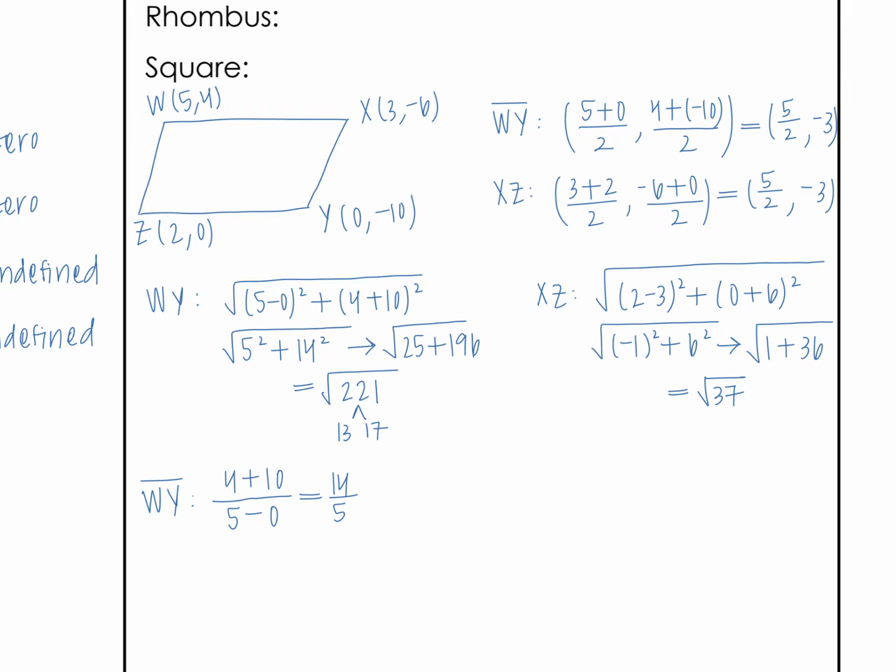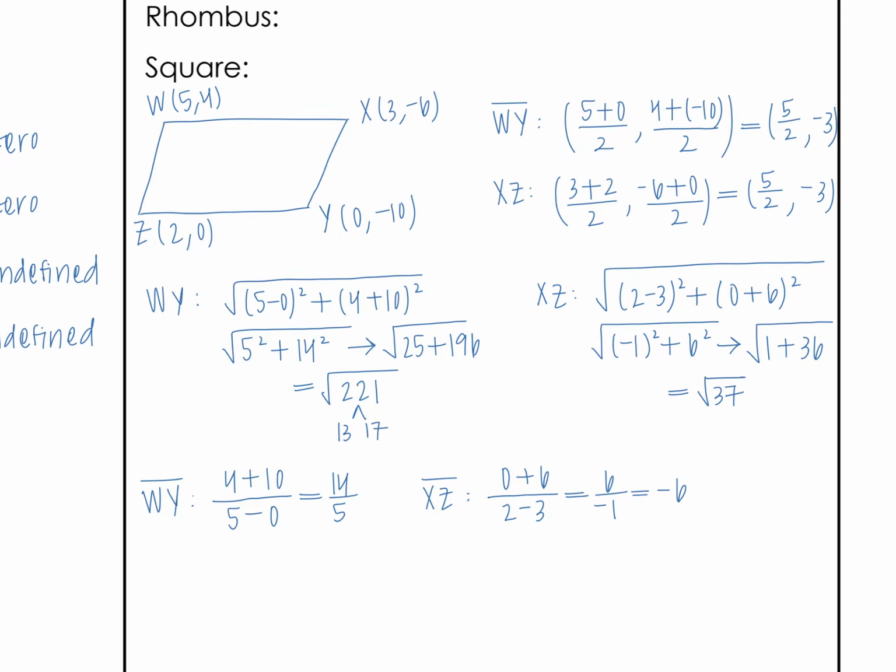And then we've got XZ, we can do 0 minus negative 6 gives me 0 plus 6, and then we have that 2 minus 3. So we'll get 6 over negative 1, which is going to give me a negative 6 slope.